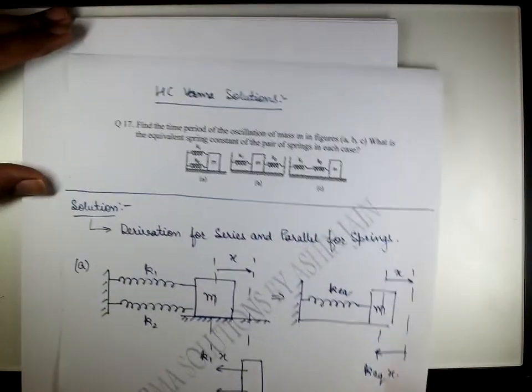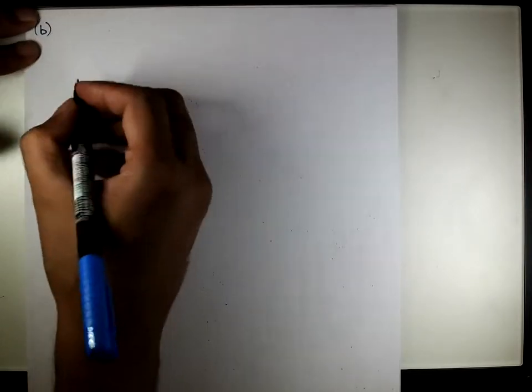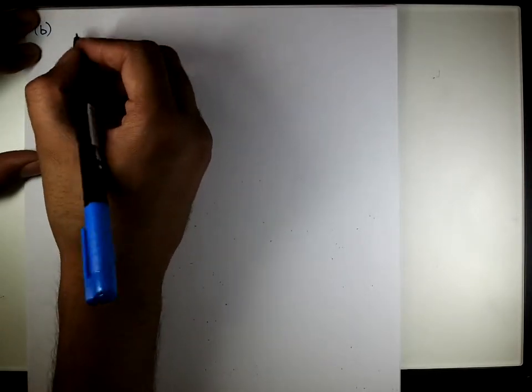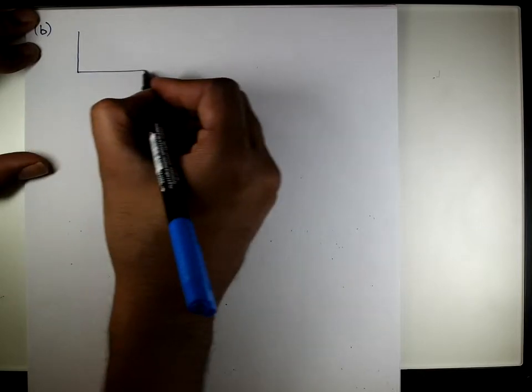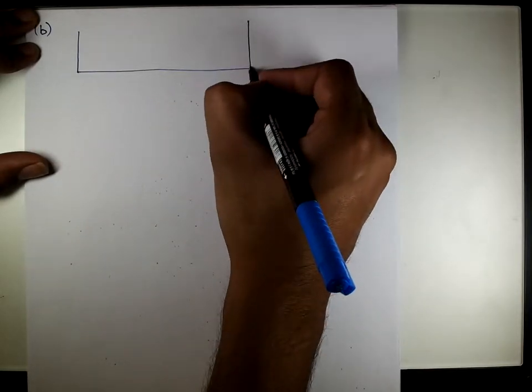In the second case, in part B, we have two springs connected end to end and the block at the center of it.